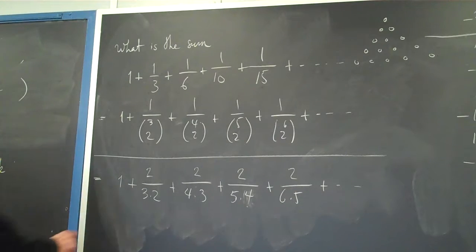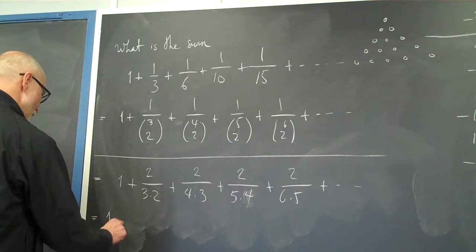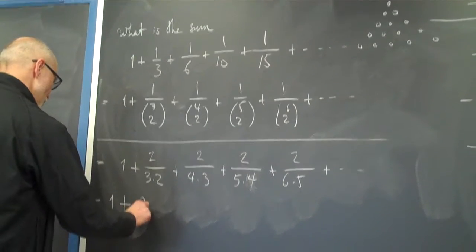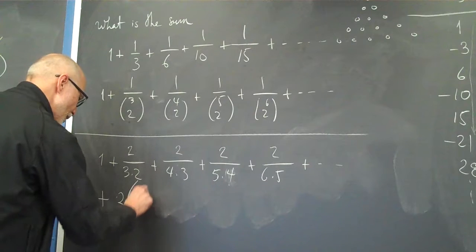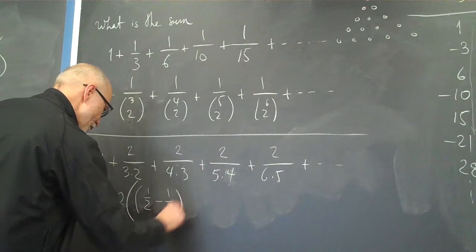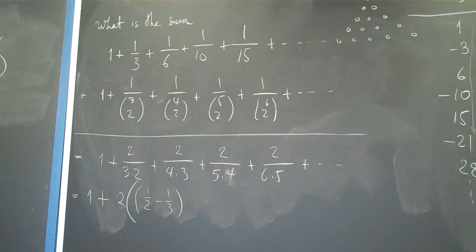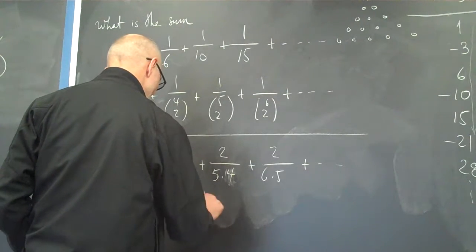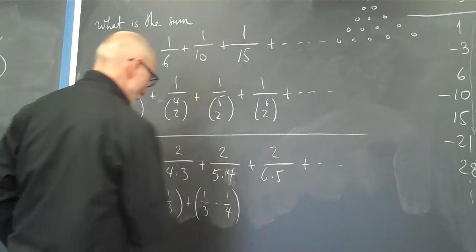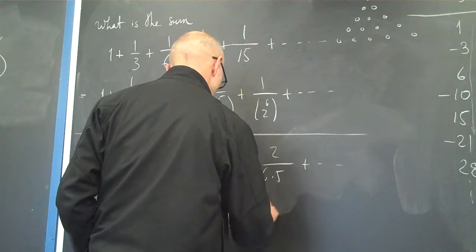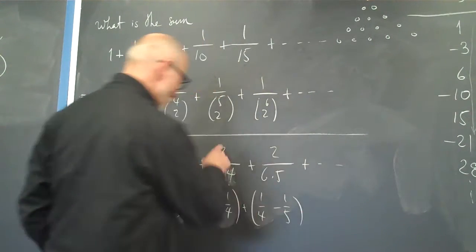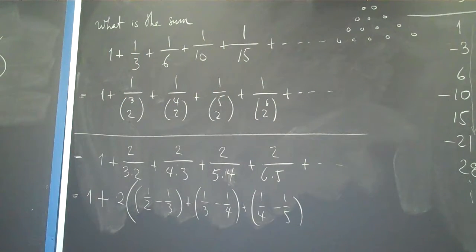And so this, of course, is equal to 2 times 1 over 3 times 2, which is really a half minus a third, right? If I take a half minus a third, I get 1 over 3 times 2. If I take a third minus a fourth, I get 1 over 4 times 3. If I take a fourth minus a fifth, I get 1 over 5 times 4.